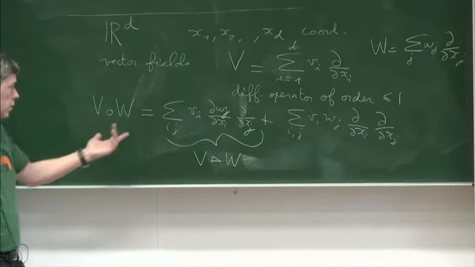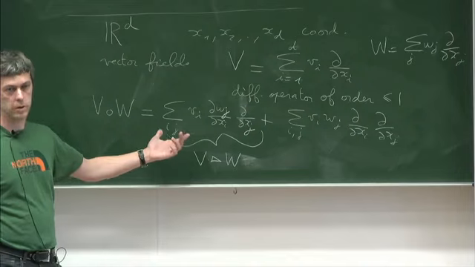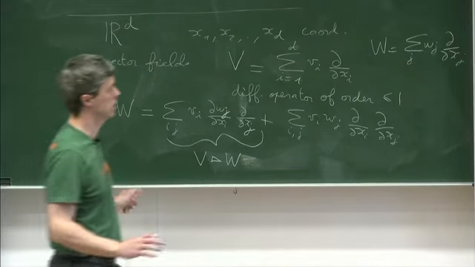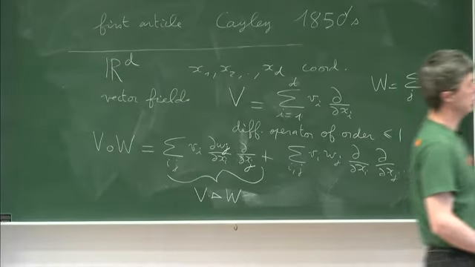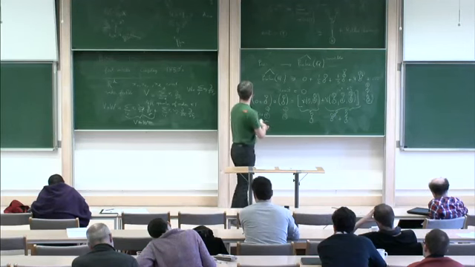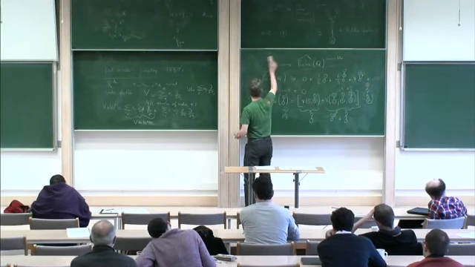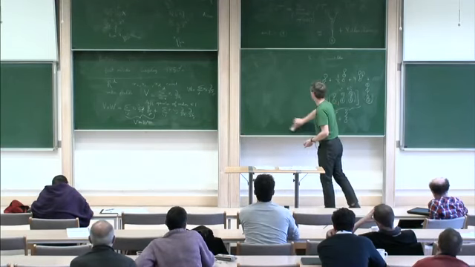Okay, so of course we can say this in more fancy geometric terms. It's the flat connection on R^d and things like that. I'm just sticking to concrete language. And the first claim is that this is a pre-Lie product.